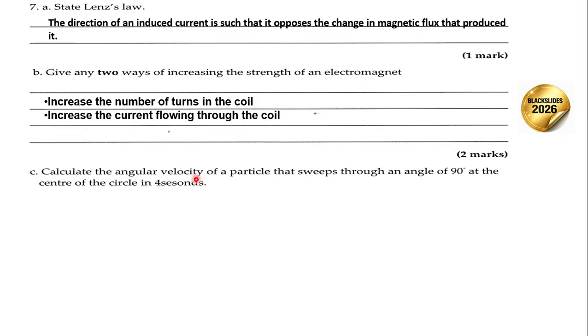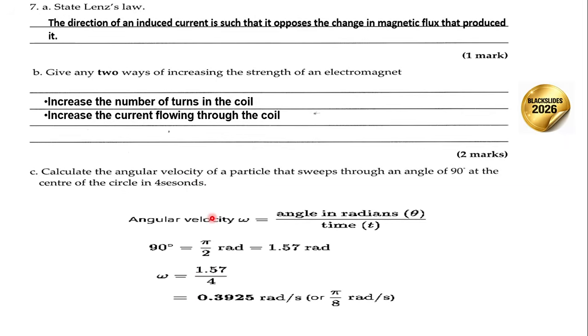Calculate the angular velocity of a particle that sweeps through an angle of 90 degrees at the center of a circle in 4 seconds. Remember, angular velocity is simply the angle in radians divided by time. So change the 90 degrees to radians.